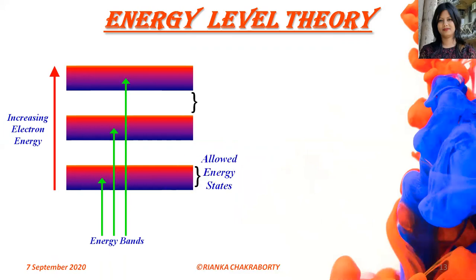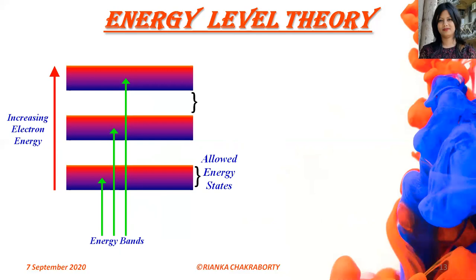If the energy is sufficiently high, the electron can overcome the attraction of the nucleus and get detached from the atom. The energy required for this to occur is known as ionization potential.